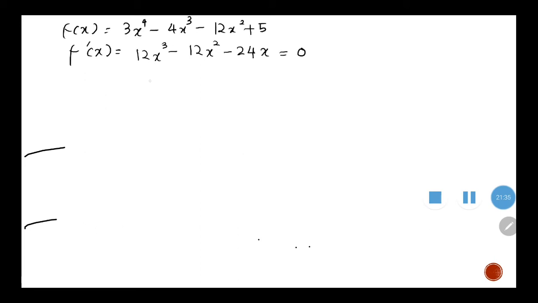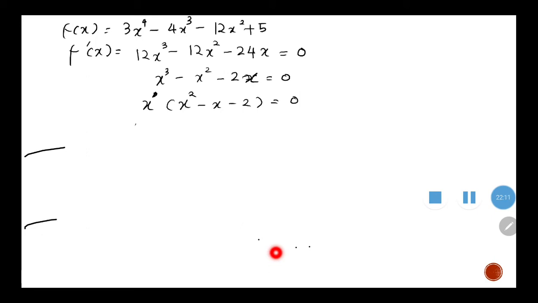We can simplify it by dividing by 12, and you will get x cube minus x square minus 2x equal to 0. Don't forget the 2x, okay? Then pull everything together, so this should be x square minus x minus 2 equal to 0. Just x.